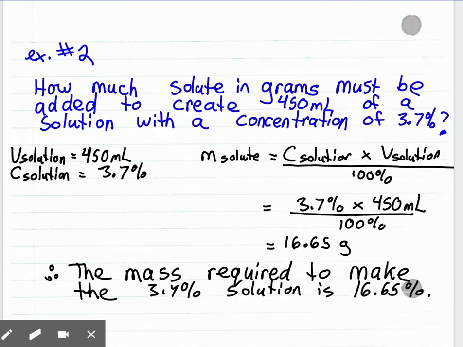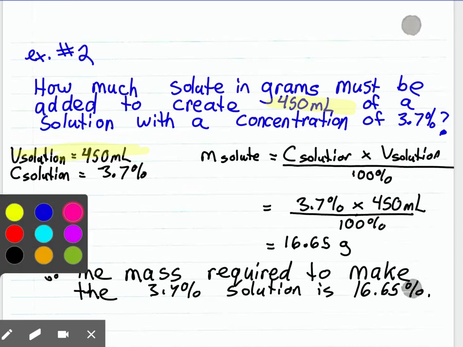So what you have to do, again, is probably in your best interest to write out your givens. I always like to write out my given information because it helps me keep track of what I have. We have a 450 ml solution. So that's our volume. And we have a concentration of 3.7. So here's our concentration.